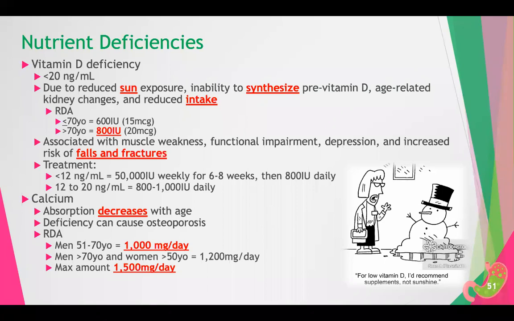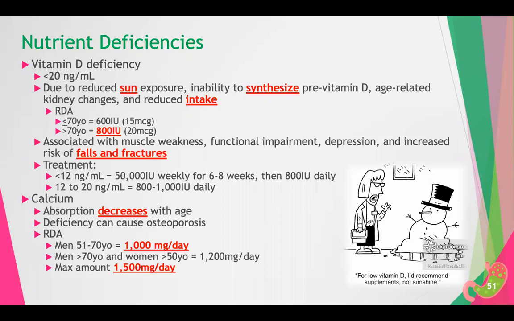With our calcium, we know that calcium absorption decreases with age, and it's very important to make sure that we're having adequate calcium because we know that calcium is responsible for bone formation. And if our older individuals have deficiencies in calcium, it can cause osteoporosis.